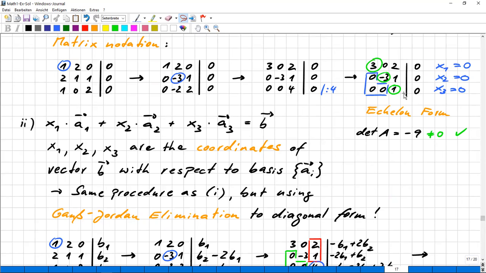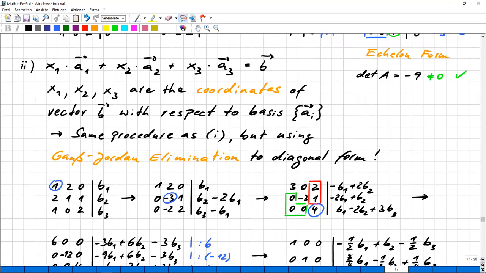I could have left it away also, yeah. But anyway, from here on, I go to Gauss-Jordan elimination to eliminate these two. And that's the following. Here, I have to take this by 2 times 2, and then subtract the working row.